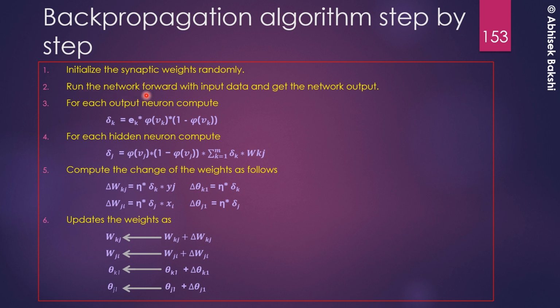Now run the network forward with input data and get the network output. So as I told you, we will feed the input, and that input will go through different layers and reach the output layer.